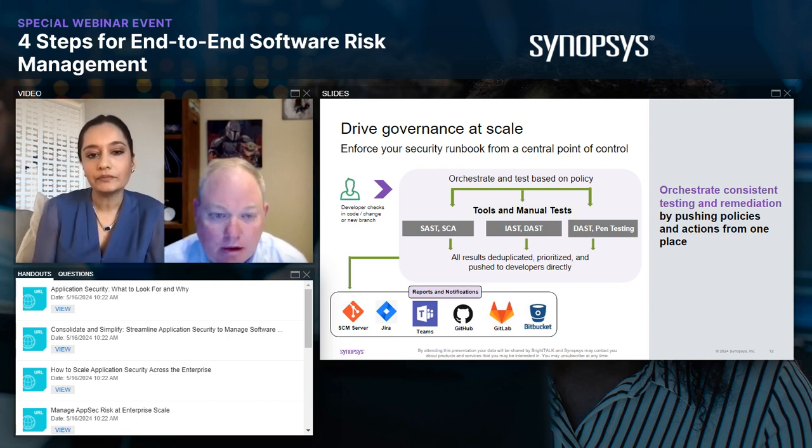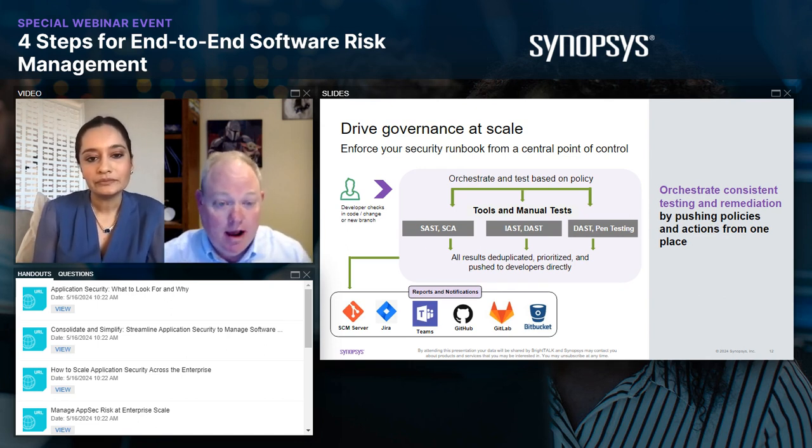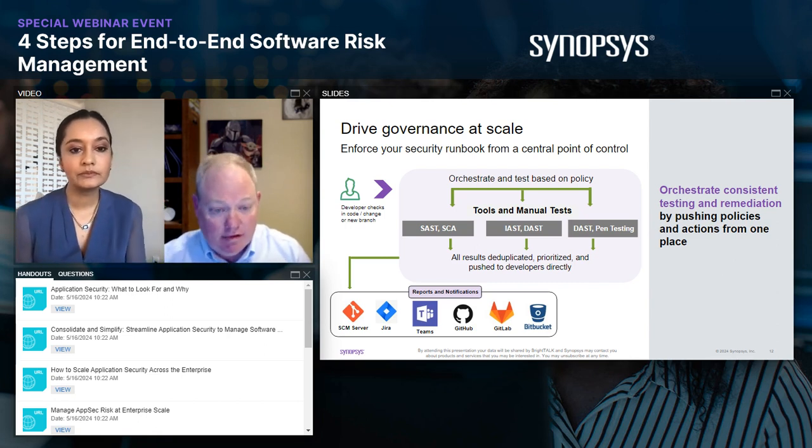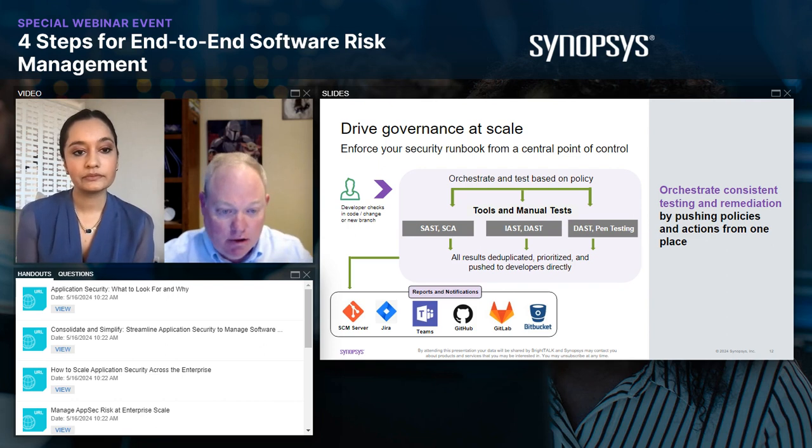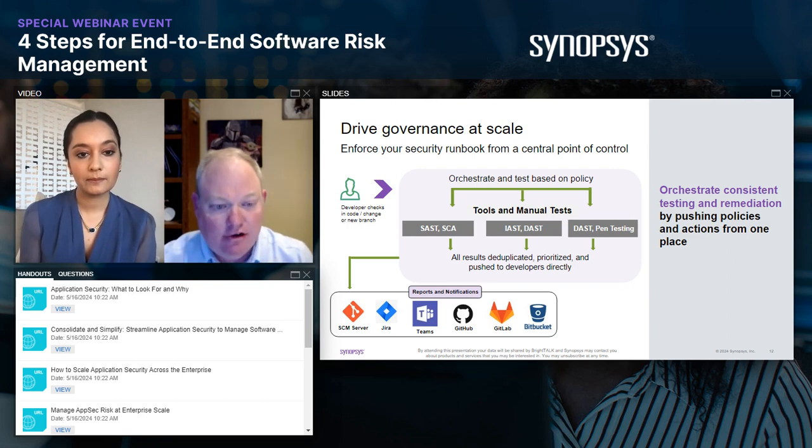Yeah. So, when we think about policy, we can think of it in a couple different ways. Your organization probably has policy around when you do security testing and how often you do it. And ASPM has a couple different possible roles here. One is to act as a validator, making sure that you are executing your security testing when and where and on the right triggering actions.